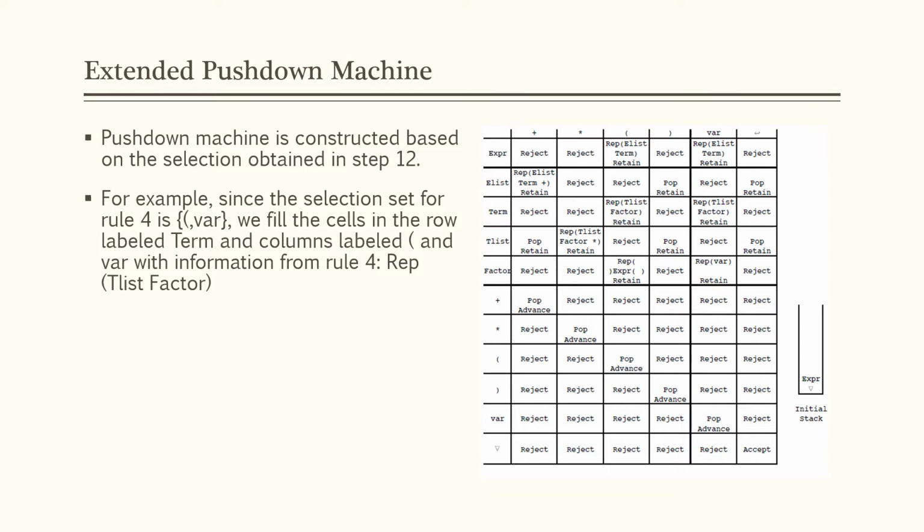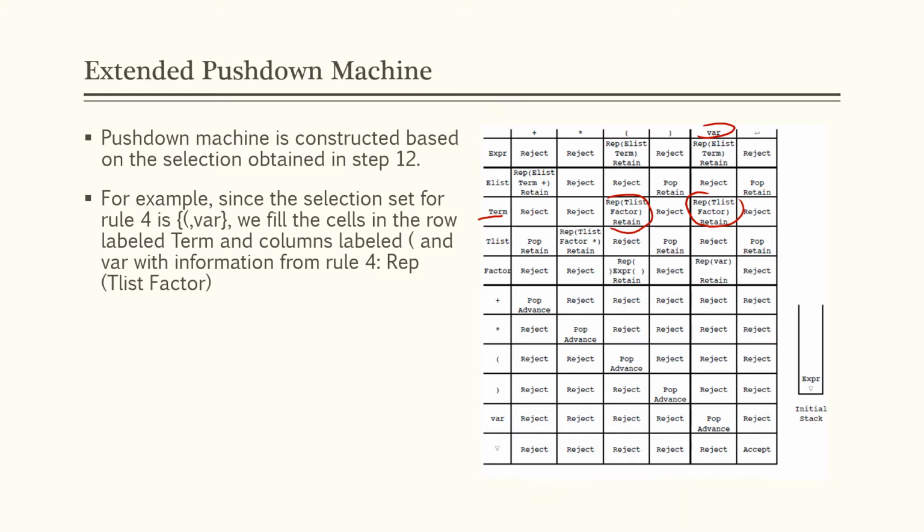You can use the selection set that you get from step 12 to fill up this table. For example, for rule 4 you have a selection set of open bracket and var, so we fill the cell in the row labeled term and the columns open bracket as well as var, with the rule's right-hand side.